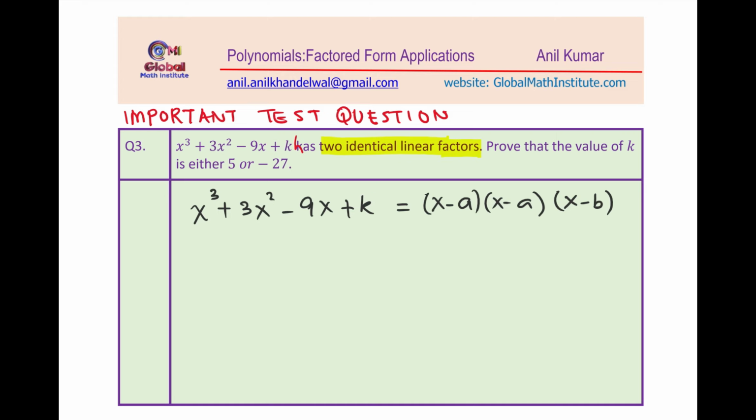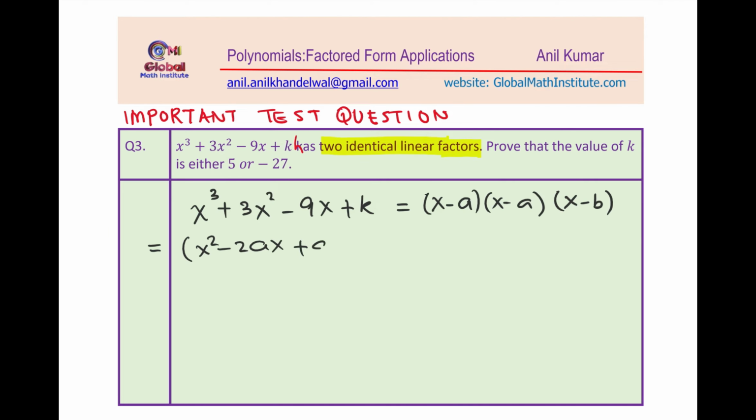That is the strategy. So basically, you could write this as equal to the product of x minus a into x minus a whole square. What does that mean? This is x squared minus 2ax plus a squared multiplied by x minus b.